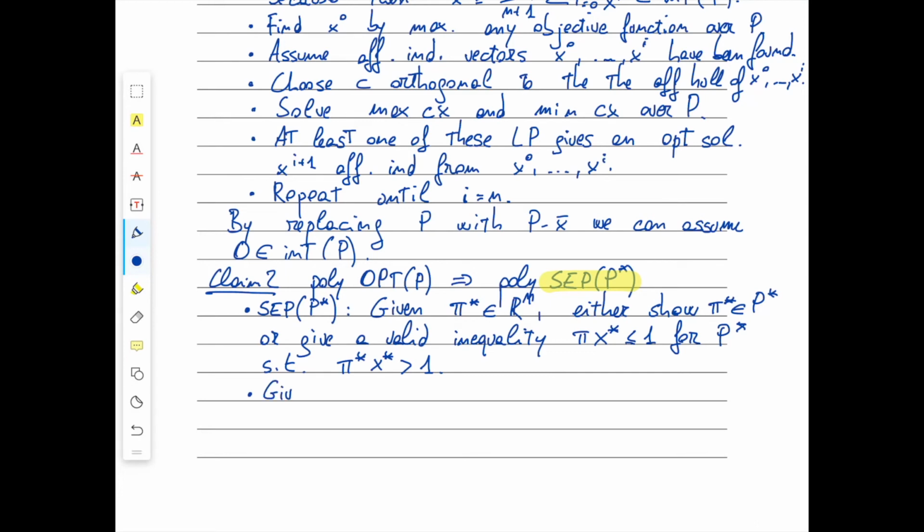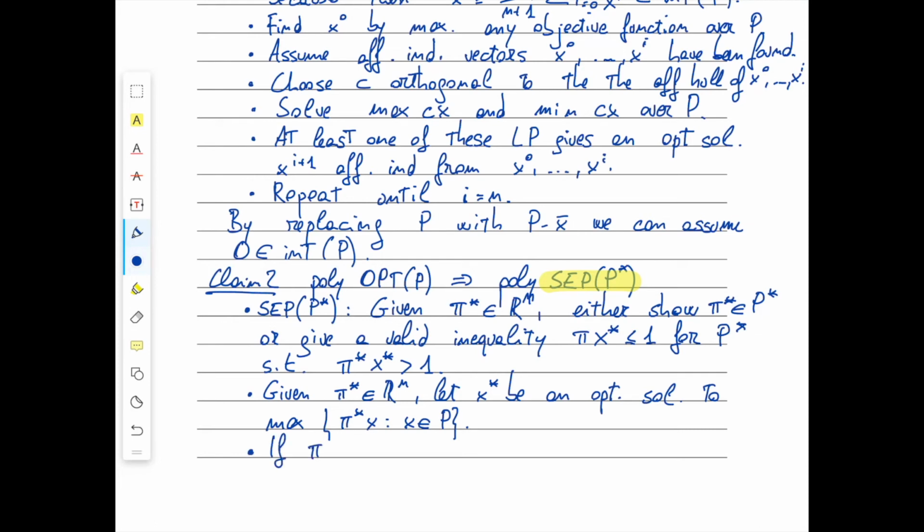So given pi star in Rn, let x star be an optimal solution to max pi star x with x in P. Why are we interested in such an x star? Well, there are two cases, right?